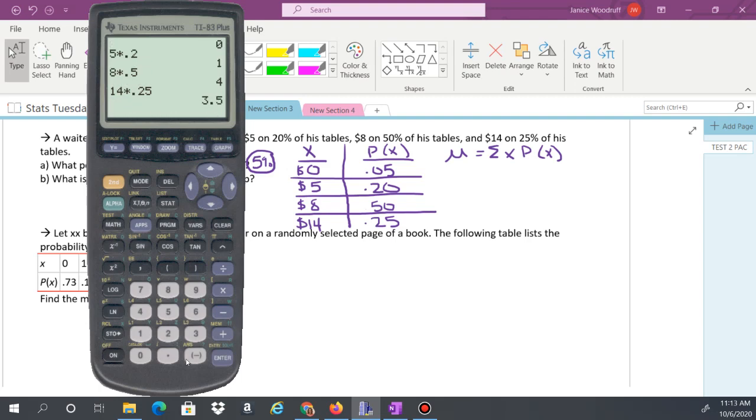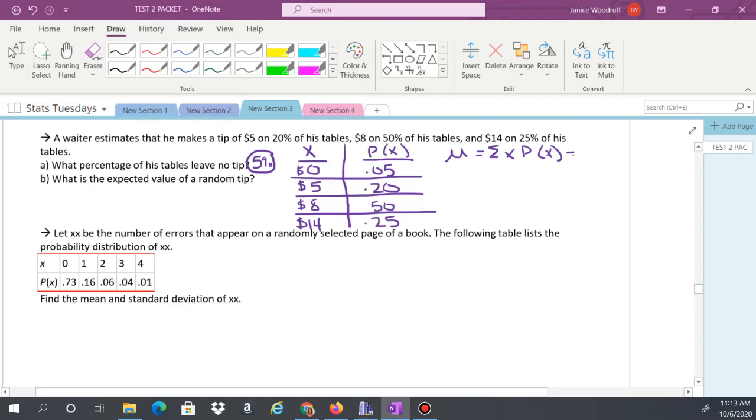Add all those together: 0 plus 1 plus 4 plus 3.5. So 8.5. So the mean is 8.5, which means the expected value of a random tip is $8.50. So on average, his tip is $8.50.